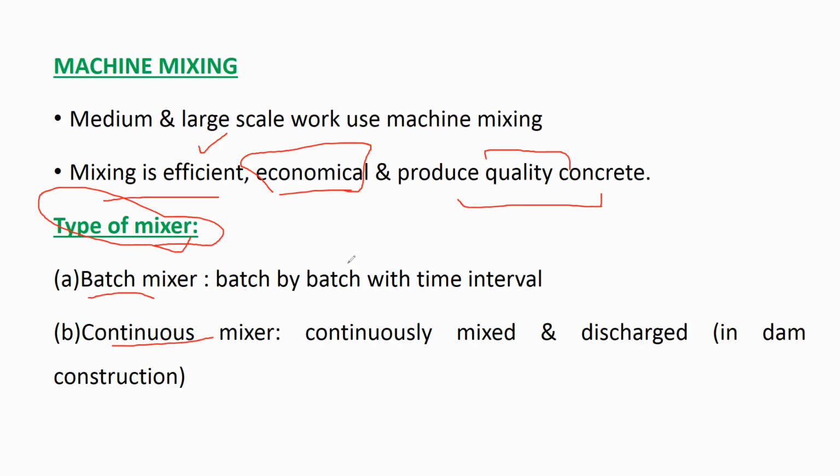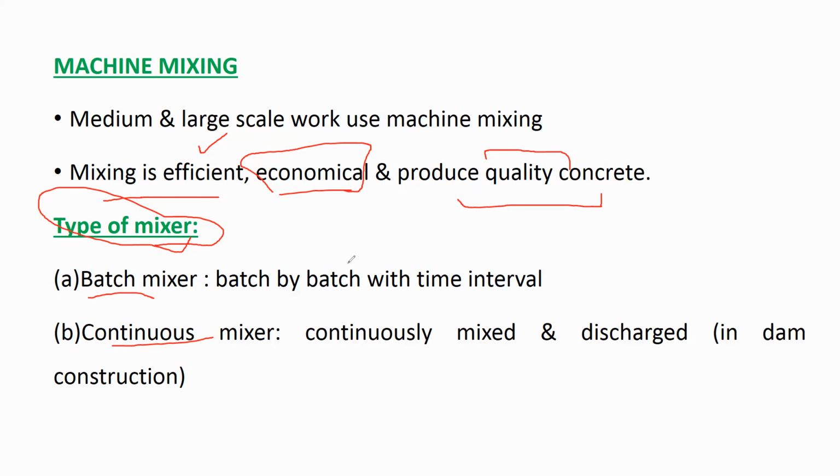Then again if you need concrete, you have to take cement, sand, coarse aggregate, water, mix it, and send it for its final work. So like this, if you are preparing the concrete, it is called a batch mixer. Batch by batch, we are preparing the concrete.